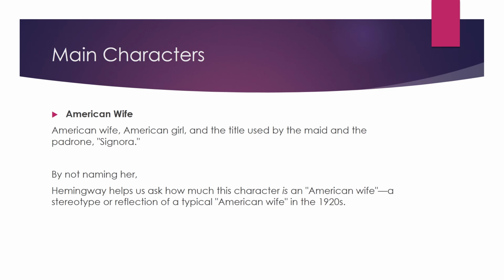So, Hemingway tries to give us a picture of the dominant type of women in the 20s in the United States. Of course, he tried to reflect the American culture in his short stories, and this is one of the typical characters in his writings, that of the picture of women.